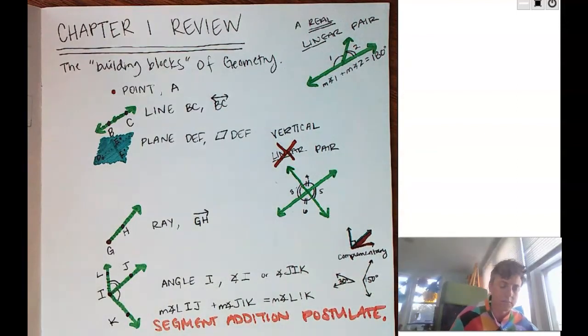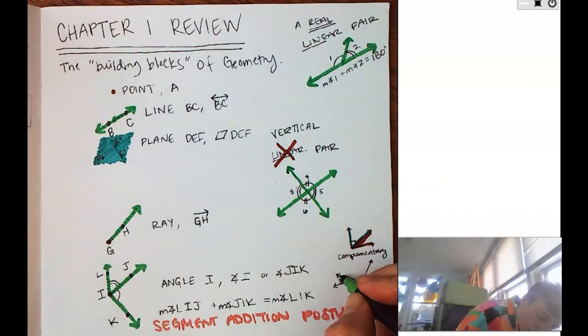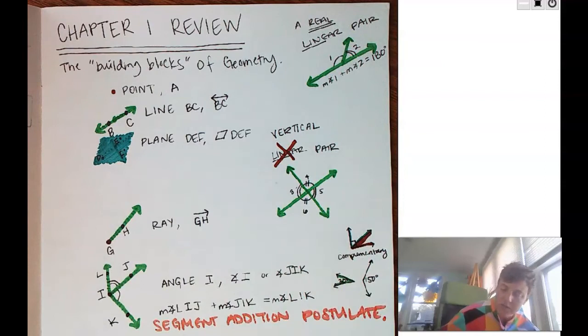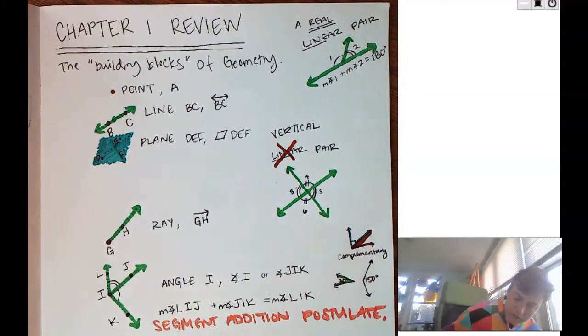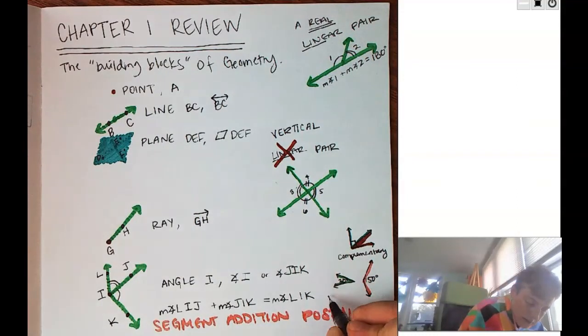Those two angles together make 180 degrees, which is the same as a straight line, which makes those two angles interesting to us. And that interesting to us has a name called supplementary.